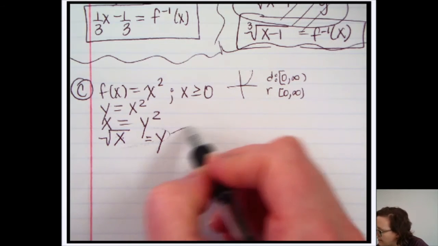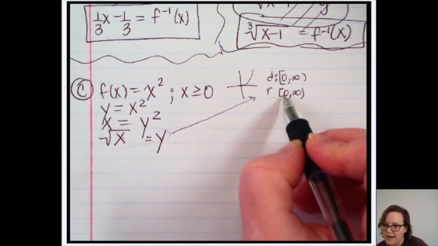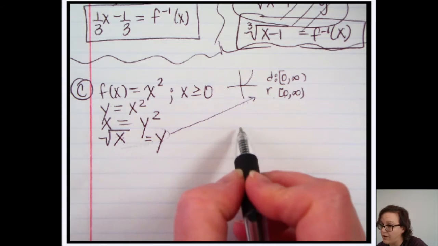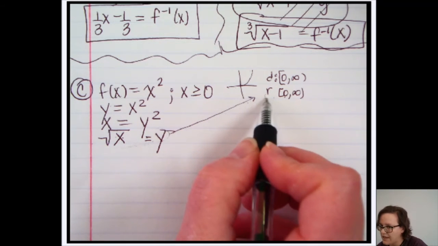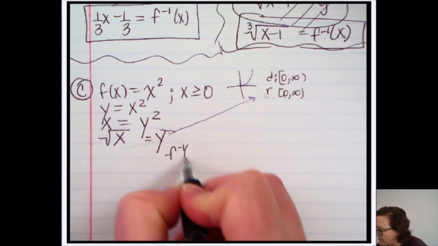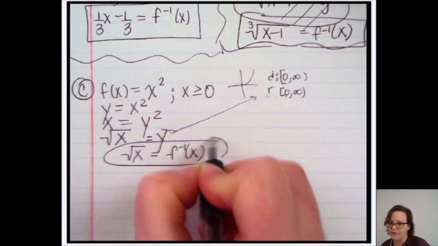Well, let's go over here, and remember our domain is what our range was. And so our domain says we want 0 to infinity, which are our positive numbers. Okay, so if we wanted the negative ones, we would have had to put a minus here. But we go back up here and look at our range, and that says do positive. Okay, so last step is just replace, and we have our answer there.